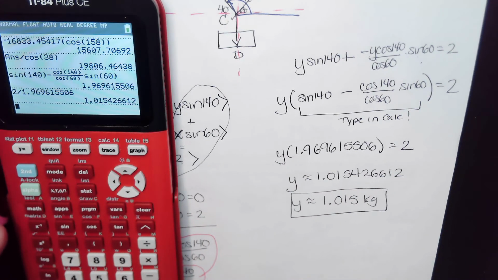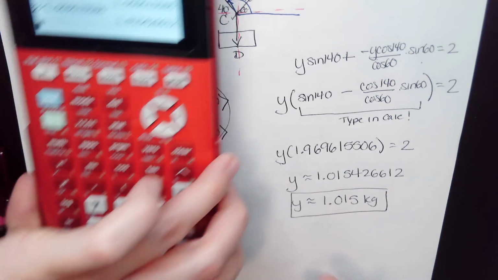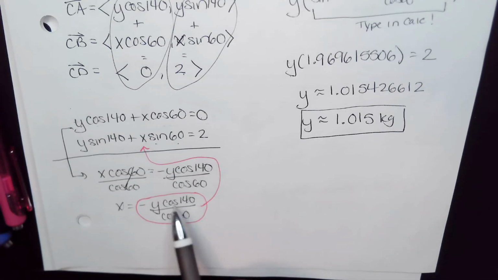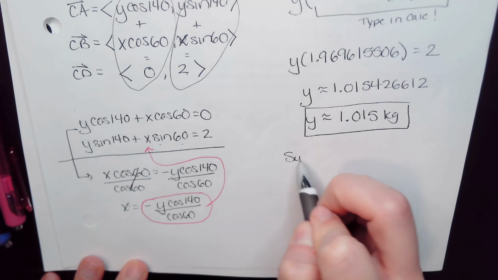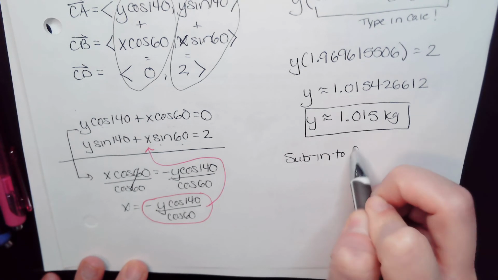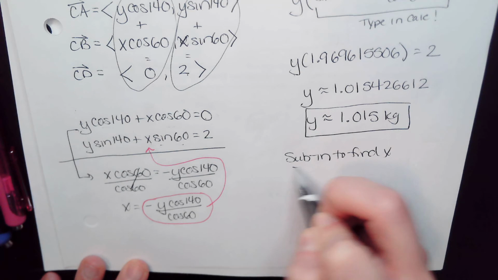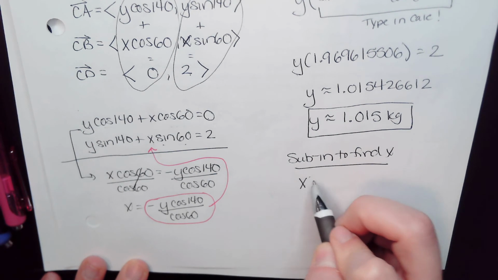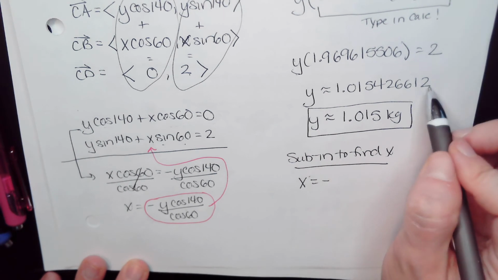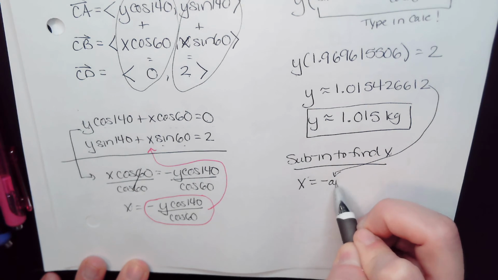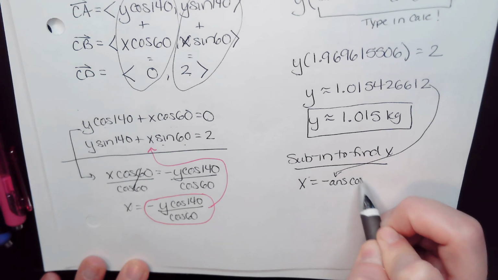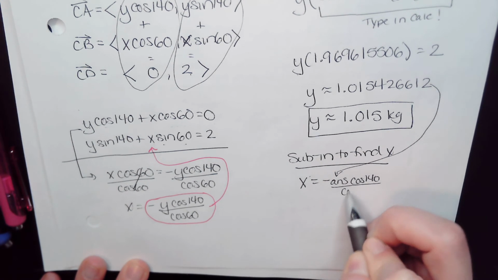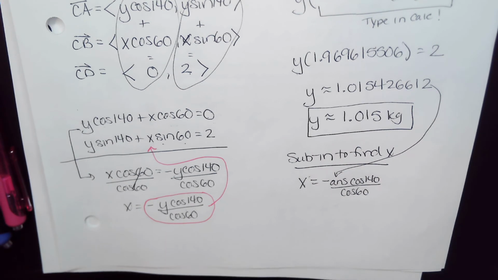So to find x, you're going to substitute in. And again, I like to sub in using this one because it's already solved for x. So x equals negative the entire answer for y times cosine 140 over cosine 60. Again, a lot of work in your calculator.